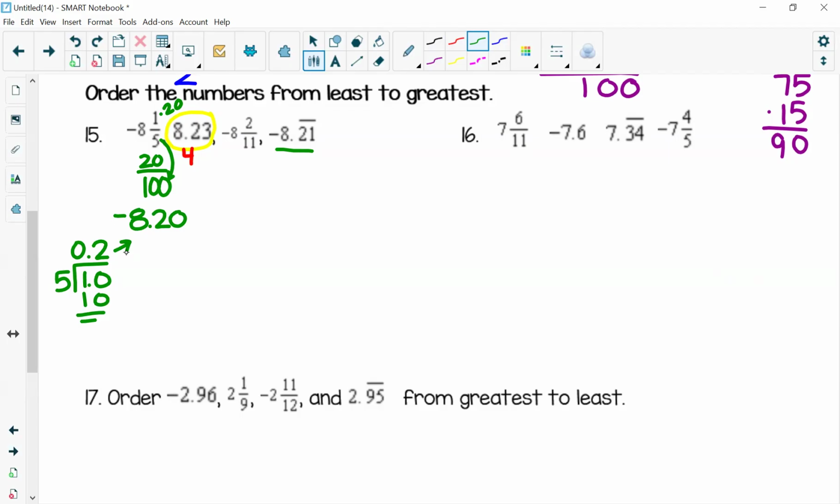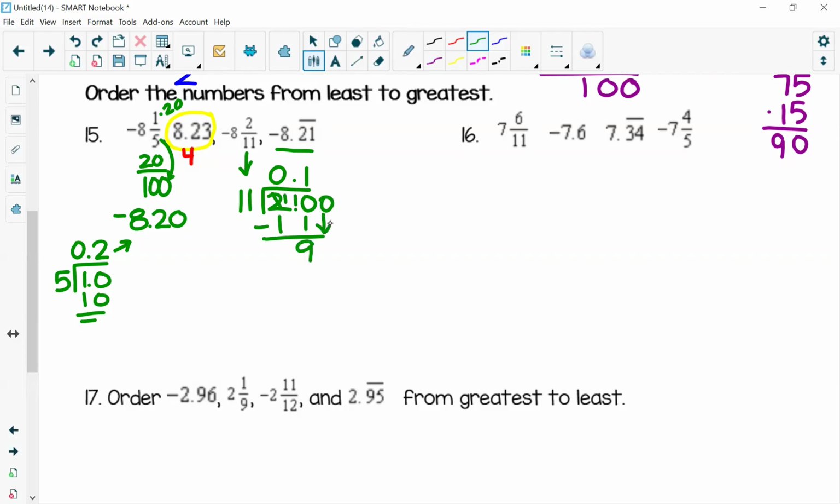Okay, so the only one we have to look at is this one. And this one is not going to be as easy because I'm going to have to divide that. So I'd have to go 2 divided by 11. 11 can go into 20 one time. 1 times 11 is 11. 10 minus 1 is 9.